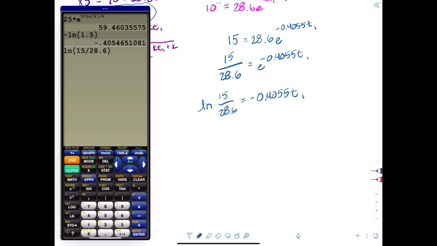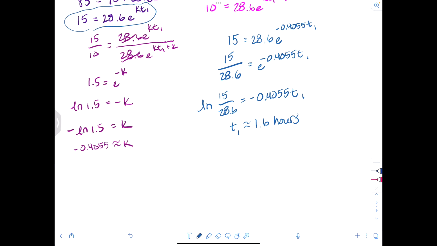And then we're going to divide that whole thing by negative 0.4055. So T1 is approximately 1.6 hours, right? So what does that mean? Approximately 1.6 hours passed before the body was found. That's pretty quick, huh?